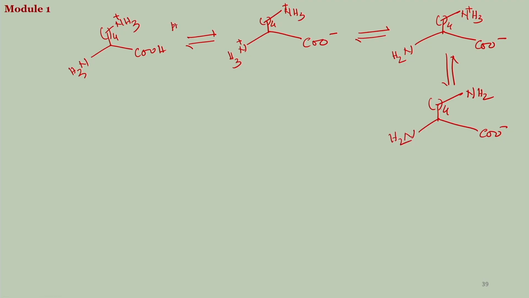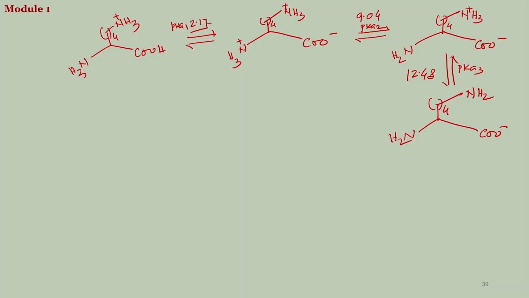So this is your pKa1, which has the value of around 2.17. pKa2 has the value of 9.04. This is pKa2, pKa3, this is around 12.48.